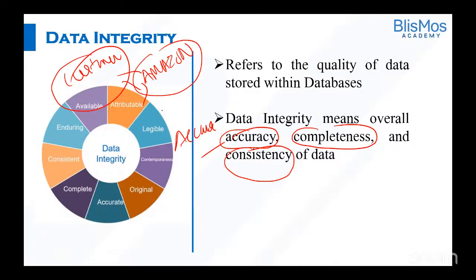One more example of inaccurate data: if you go to a hospital, you have a database there. The patient doesn't have any allergy, but in the database it is mentioned that the patient has an allergy. That is inaccurate data.